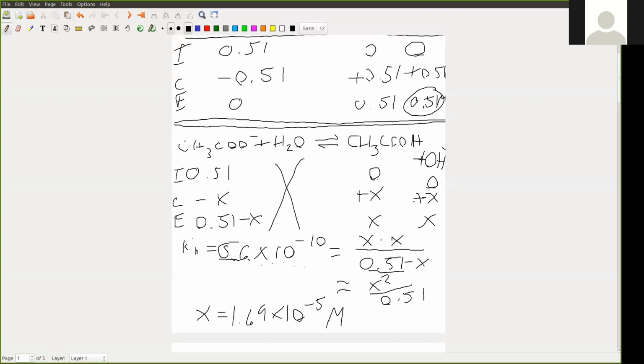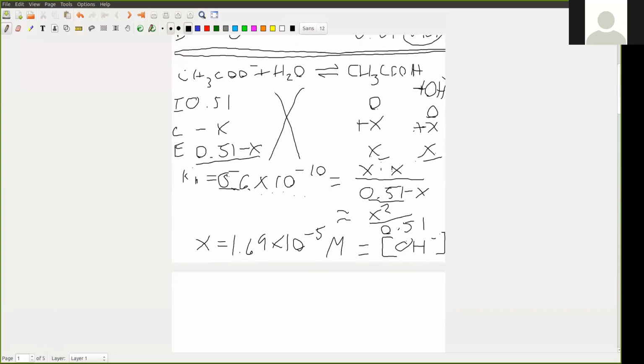And recall that that would be molar, because the unit of X in each of these terms is going to be molar. And this is also equal to the concentration of our acetic acid, but also more importantly, our hydroxide ions.